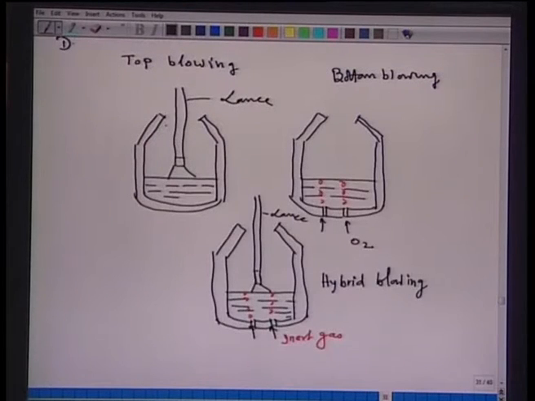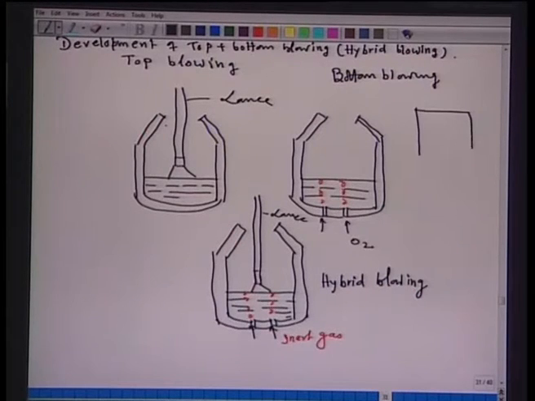The development of top and bottom blowing. Development of top plus bottom blowing, or so-called hybrid blowing. Now, the concept of development of top and bottom blowing is this decarburization curve.